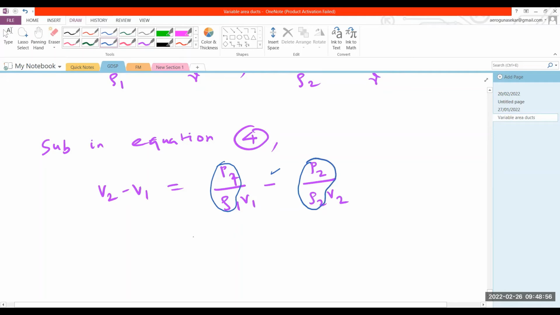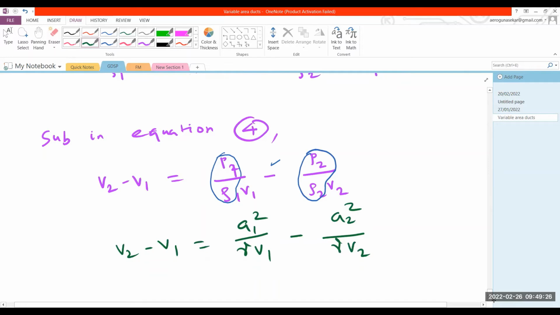If you are replacing, then V2 minus V1 will be equal to P1 by rho 1, which is nothing but A1 square by gamma V1. V1 is there, so I am taking it as it is. Similarly, you can write A2 square by gamma V2. Okay, so this is the V2 minus V1.